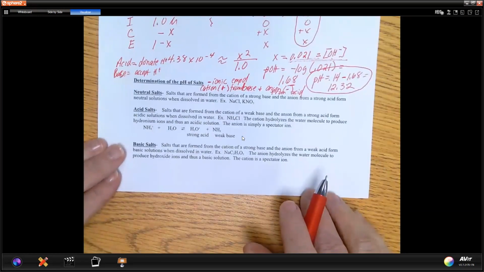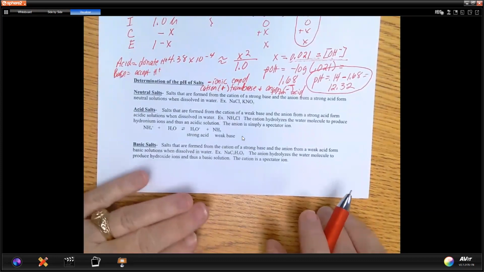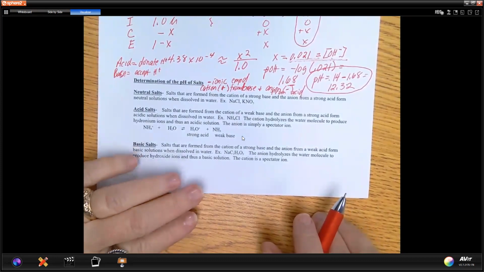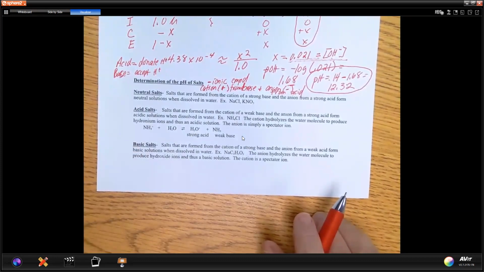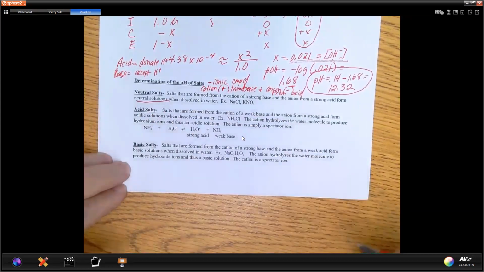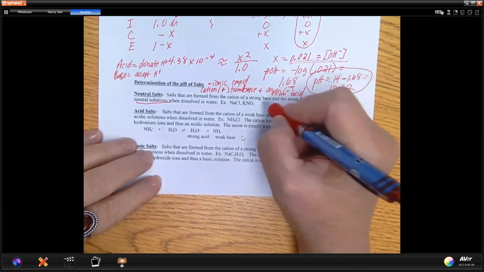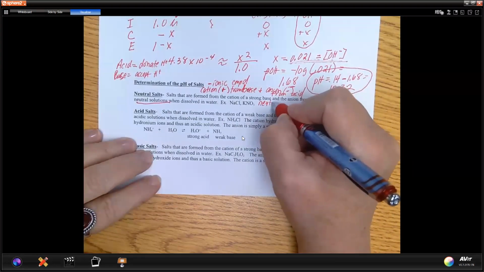All right, so the easy ones, and the ones that we did just in Chem 1, are neutralization reactions. Those are when a salt is formed from the cation of a strong base and the anion from a strong acid. And it forms a neutral solution, so pH equal to about 7. And we call these neutralization reactions.